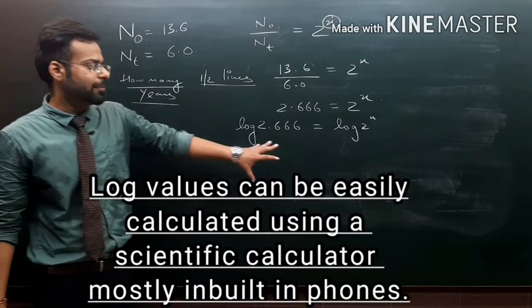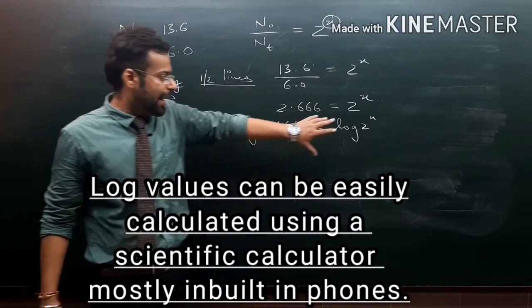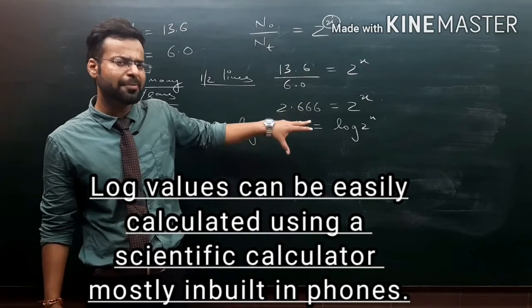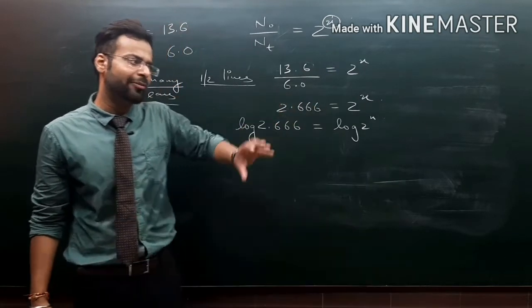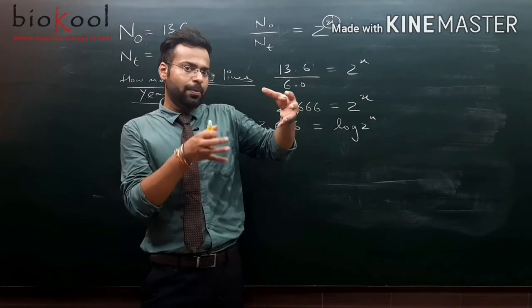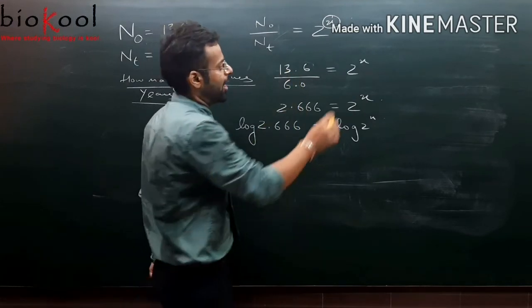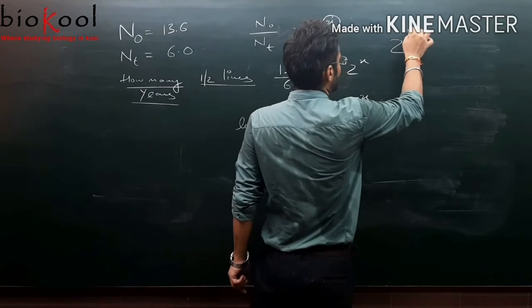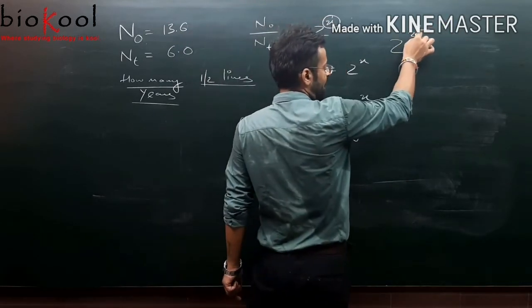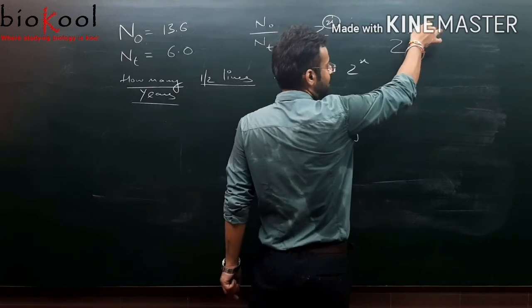Now, in logarithms, we have a formula that anything which is a power comes into multiplication. See, logarithms are actually exponents. Suppose we have 2 to the power 3, and suppose we have 2 to the power 3 to the power 2. Whenever an exponent has an exponent, we multiply.